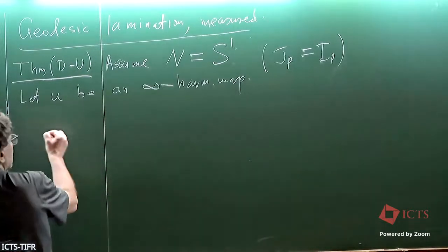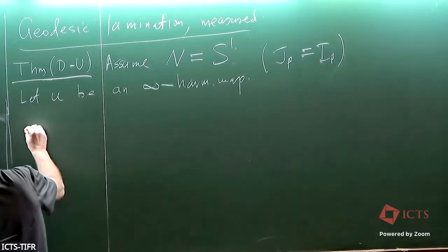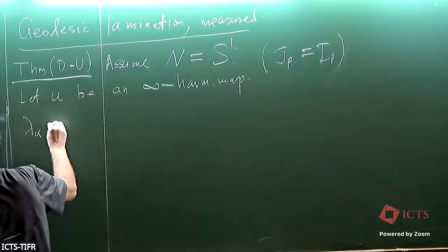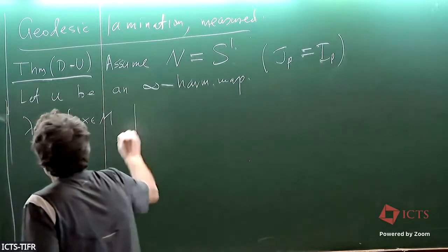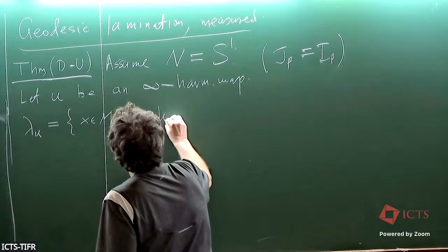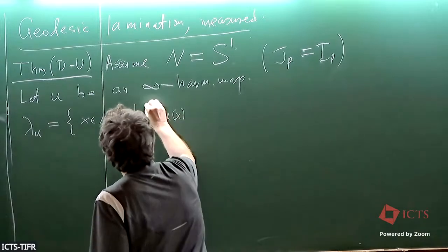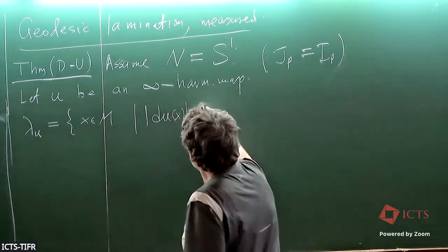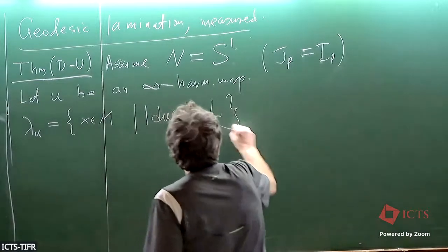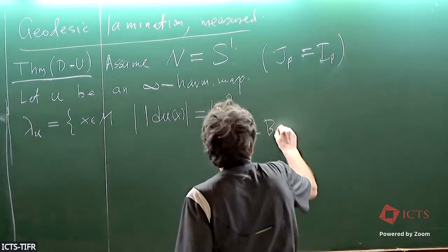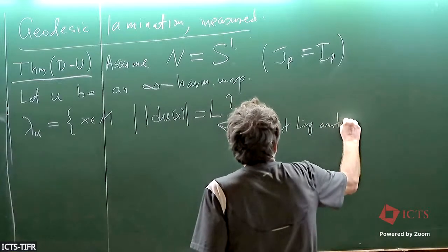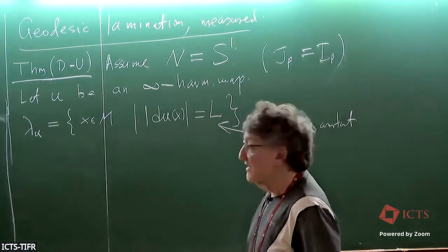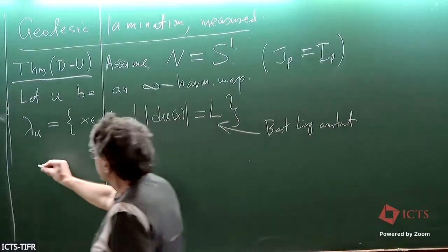Okay? So the theorem is that if you look at this set Lambda_U, which is all the points x in M such that the Lipschitz constant, or in other words, the length of dU(x) is L, where L is the best Lipschitz constant. Okay? The theorem is that this is a geodesic lamination.